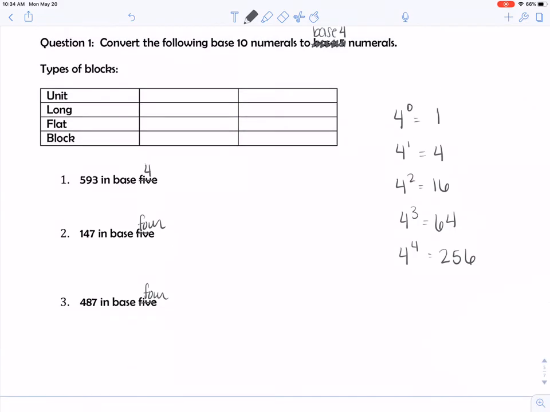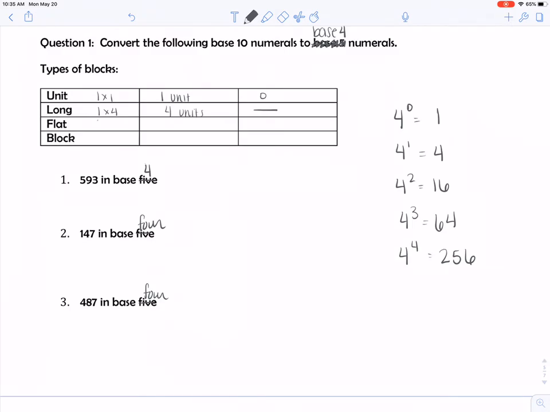So you can have base 4 blocks. That just means that one unit is always going to be 1, because it's a 1 by 1 block. But a long, instead of being the long skinny ones we looked at in class, will be 1 by 4, so it'll actually represent 4 units. I still abbreviate them the same way.